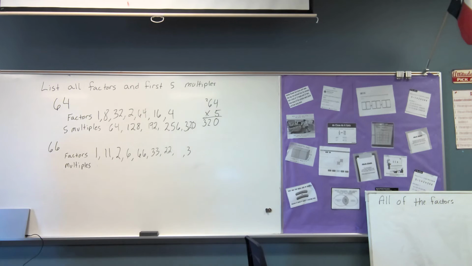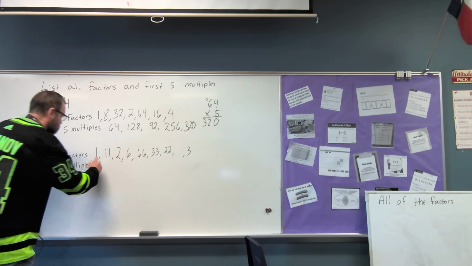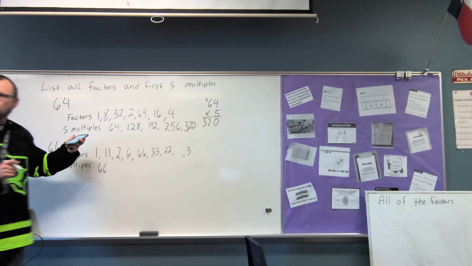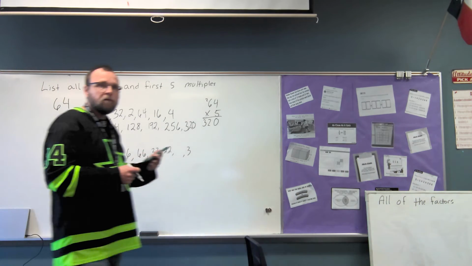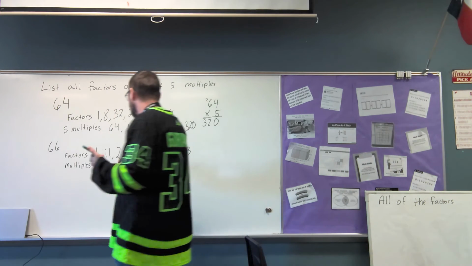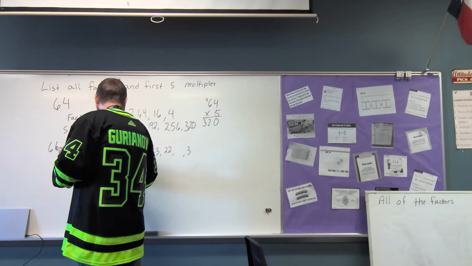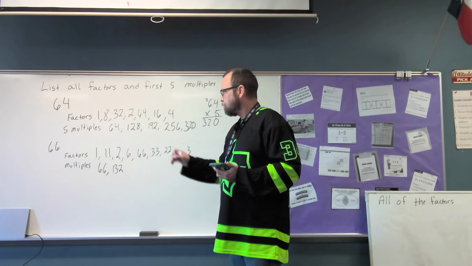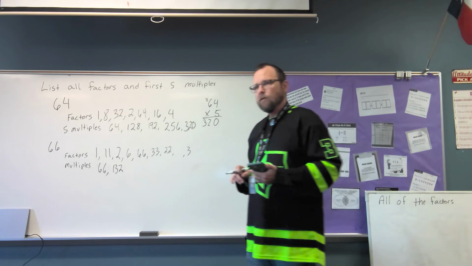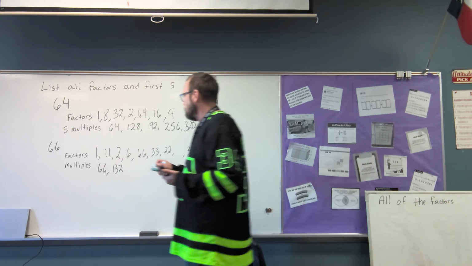Caitlin, the first one. 66. Didn't you get the first one for the multiples of 64 too? Oh, you're lucky. Landry. 132. William, the third multiple of 66. 198.